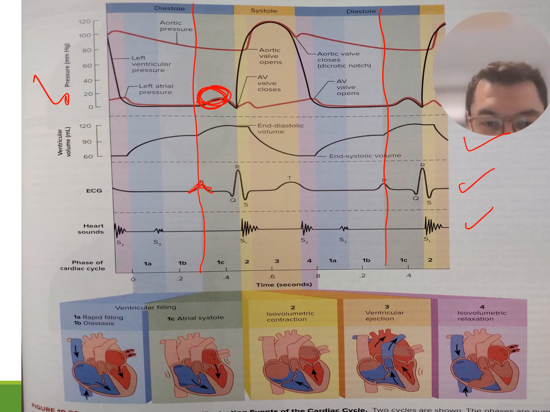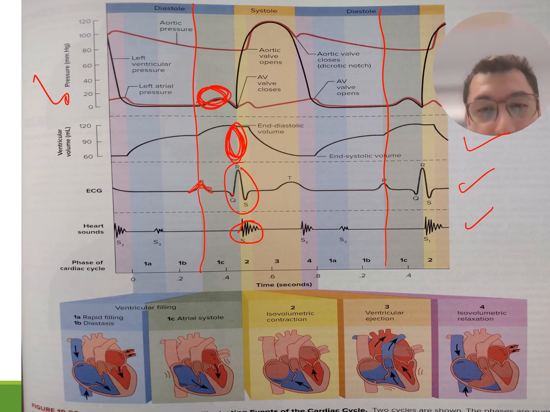At the end of atrial systole, we're going to start ventricular systole. Ventricular systole starts with the first heart sound because we're closing the AV valves, and we have a QRS complex because we're depolarizing those ventricles. Here, remember that we're trying to squeeze the end diastolic volume that we ended up with at the end of atrial systole.